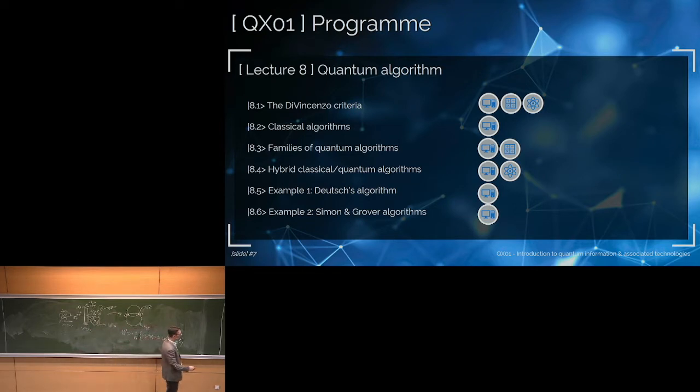And I'll mention different families of quantum algorithms. Of course we will not be able to see all of them, but we will see some examples. One example of a mix of the two is hybrid classical-quantum algorithms.